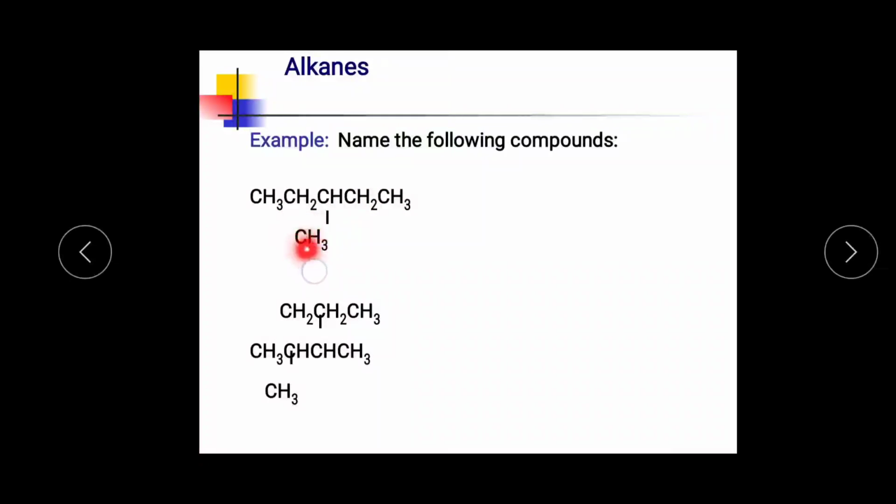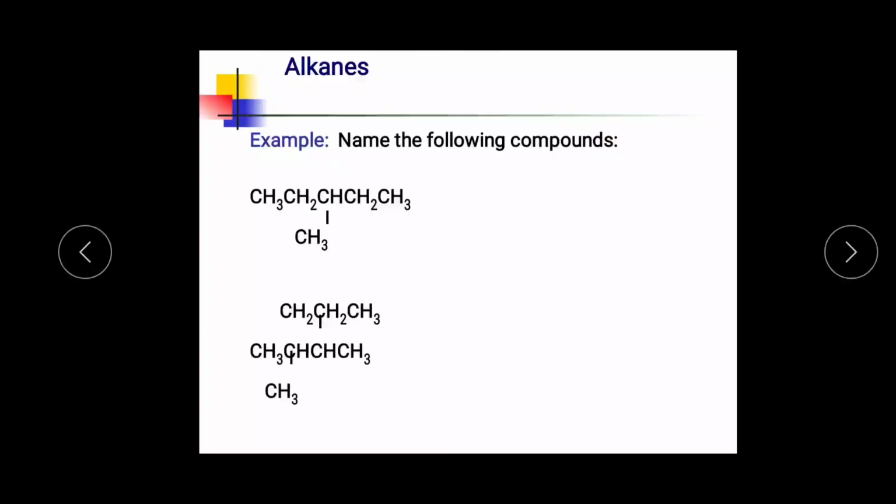Since the methyl is attached on the third carbon, it is in the exact middle. So you may begin either from the right or from the left. And this structure is a 3-methylpentane.